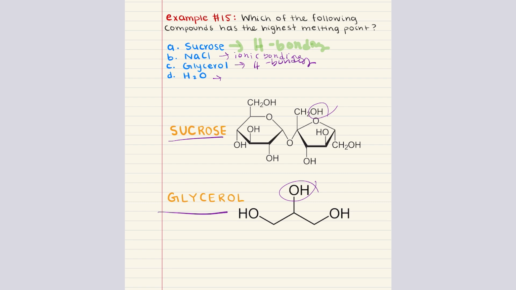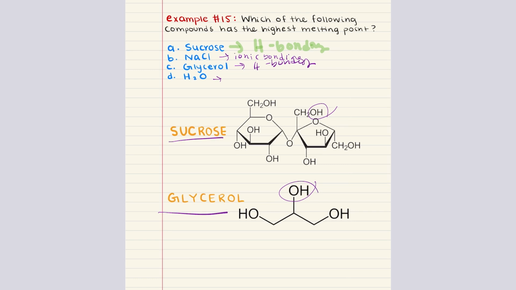All right, so again, in sodium chloride, these interactions are ionic, and it's going to have a higher melting point. It's going to have the highest melting point in comparison to the other answer choices. And so the correct answer for 15 is going to be B.